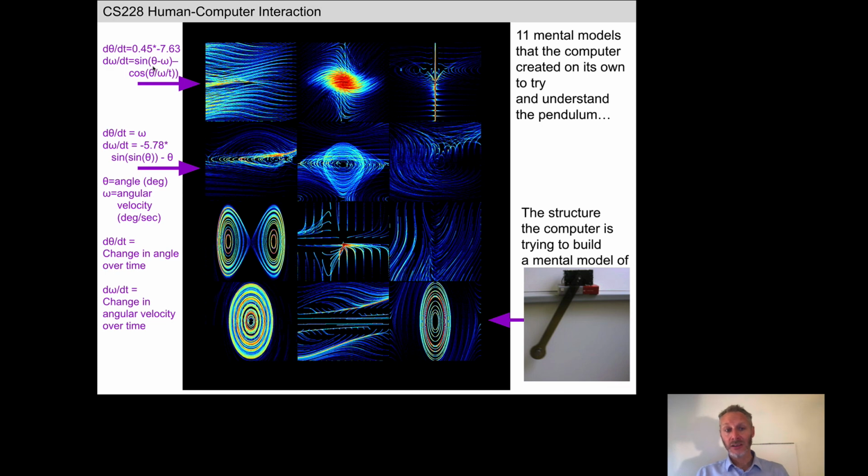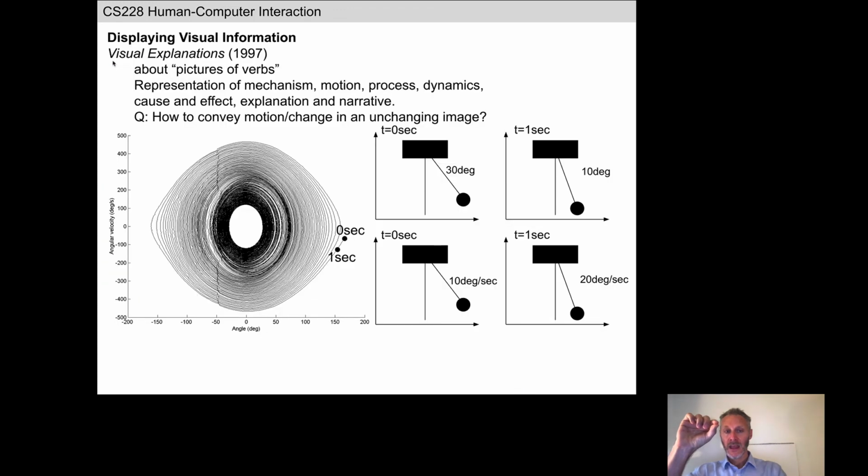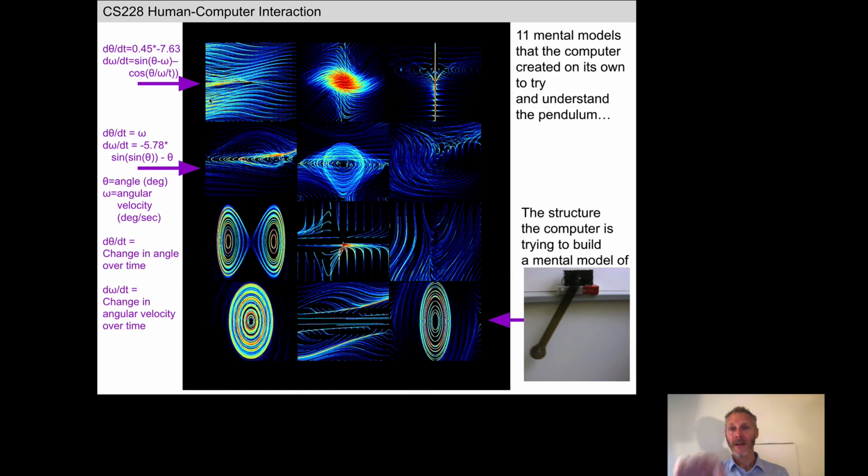So we took the computer's equations and we drew a phase diagram from them. We put in an initial angle and angular velocity and then pushed those through the equations, and the equations spat out new angles and angular velocities, and that painted a line in the phase diagram. We went to a new initial angle and angular velocity.